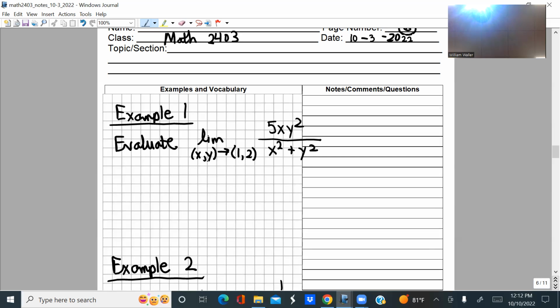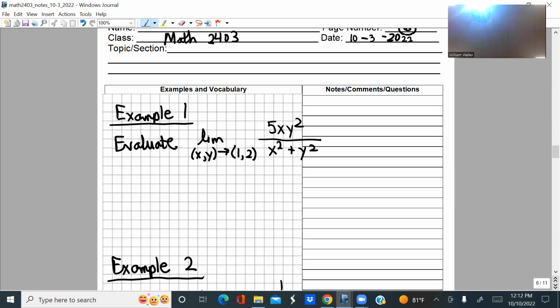So what happens if we have points in the xy plane approaching the point (1, 2)? What's going to be happening to the output values of this function of two variables as our input points approach the point (1, 2)?